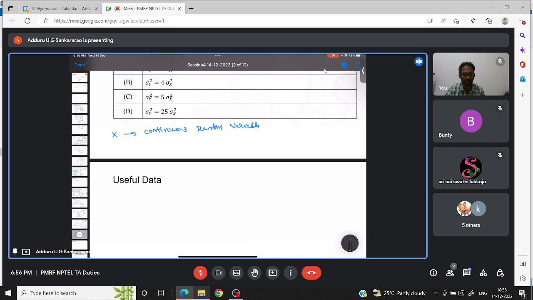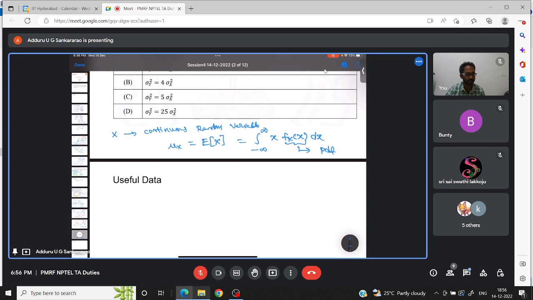Then its mean or average value we will represent as mu x, or expectation of x we will say. This is nothing but the integral from minus infinity to infinity of x into fx of x dx. This is called the probability density function of the random variable.